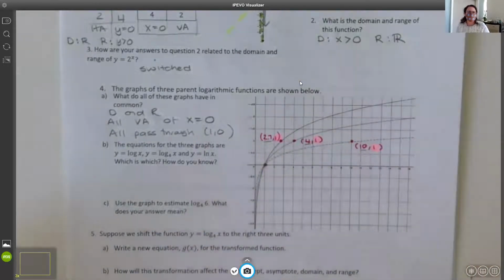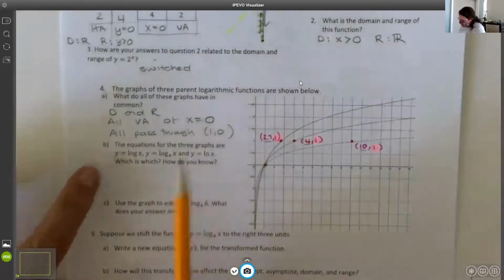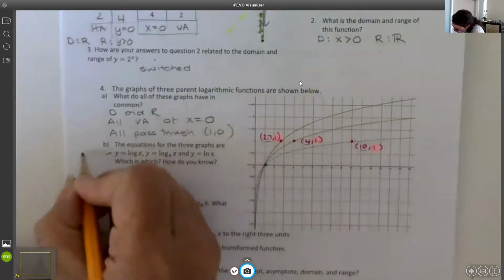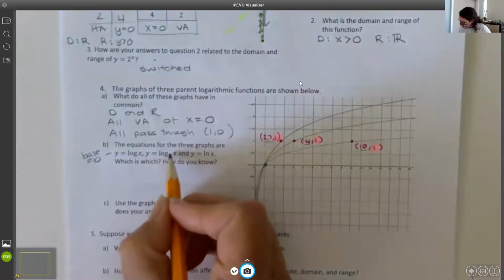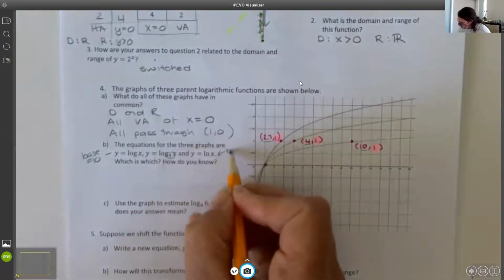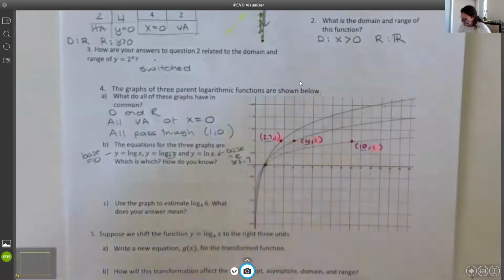Let's think about what that x value would be. So it says, if you try and match up these 3, here the base equals 10 because there's no base there. Here the base is 4, and here the base is e, which is approximately 2.7.